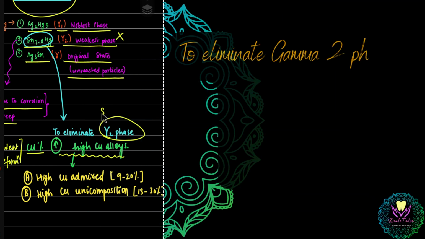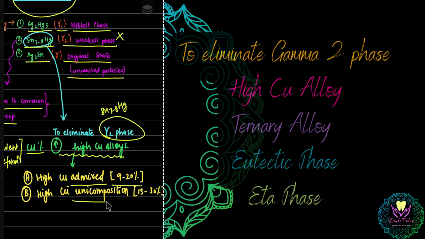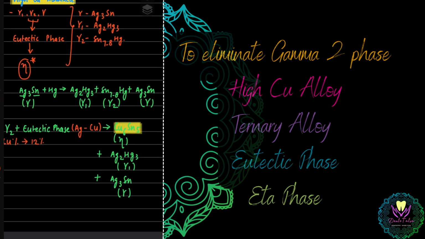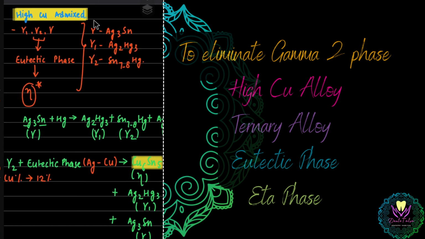In high copper alloy, the admixed one can have 9 to 20% of copper, and the unicomposition will have 13 to 30% of copper content. Now in the first category, wherein the percentage is 9 to 20, for this reaction to occur, I need 12% of copper, and I want to remove Sn7-8Hg.